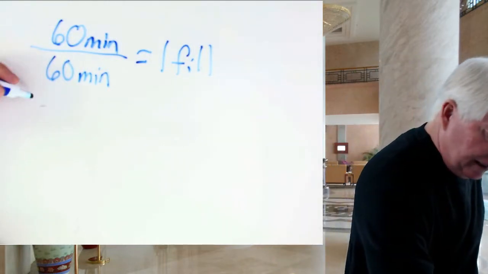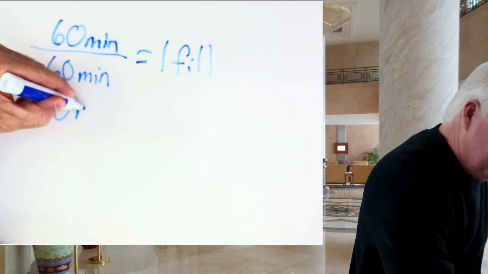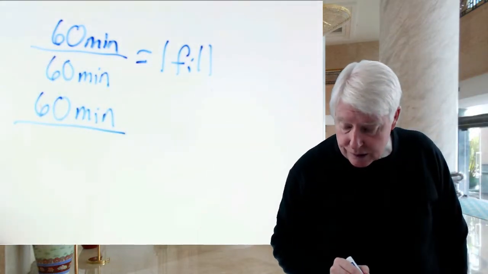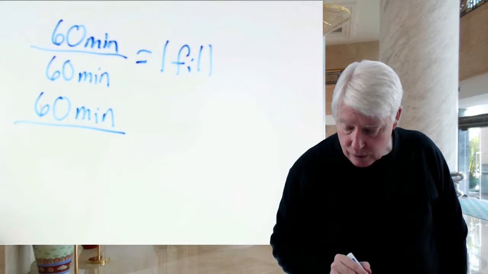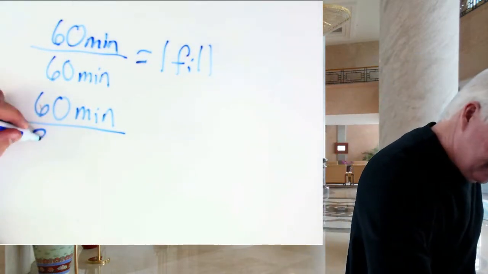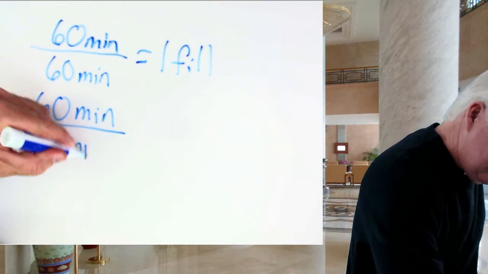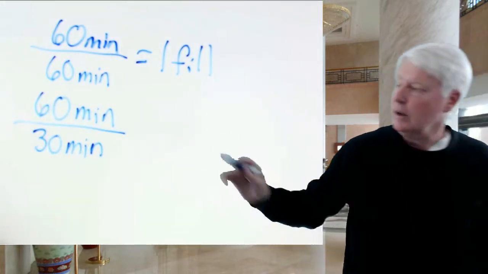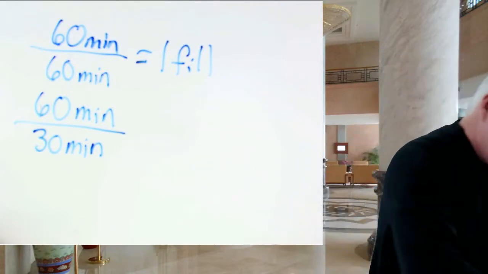So 60 minutes, I'm going to give myself, how many times can it fill it in an hour? I'm going to keep the same units of minutes. And the other one was 30 minutes per fill. And so you go 60 divided by 30 is 2.